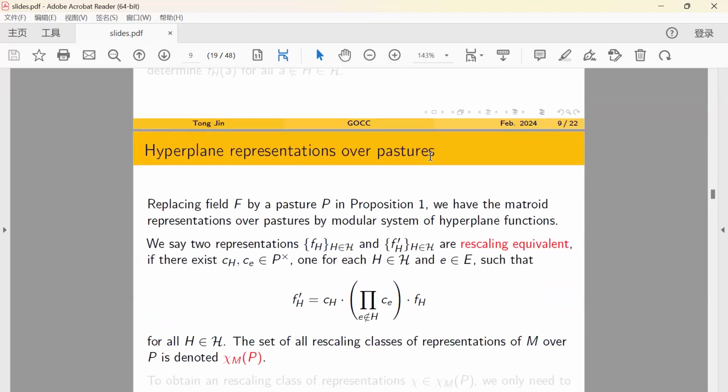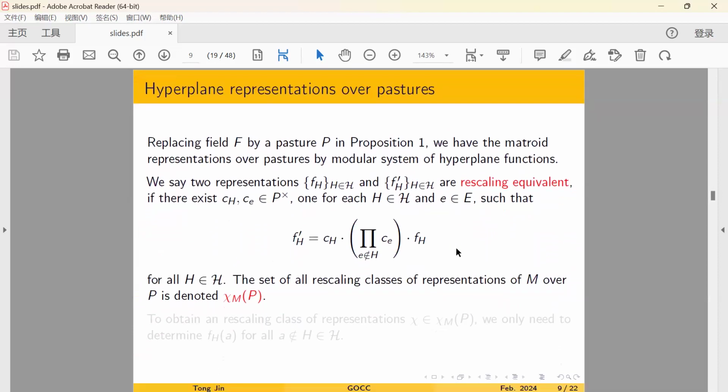Now, before we construct all possible representations, let me first discuss some equivalence relations on the representations. So why do we wish to do that?